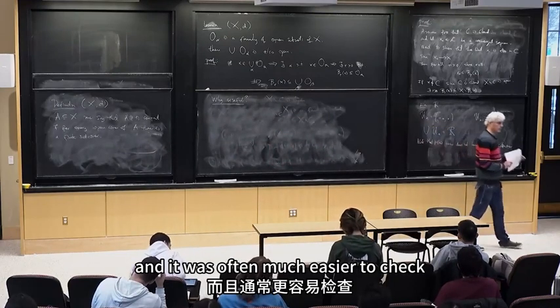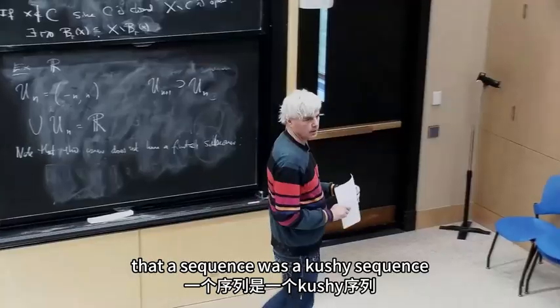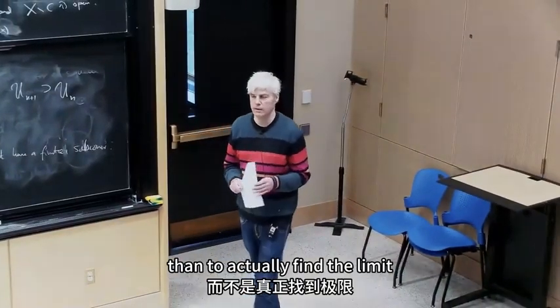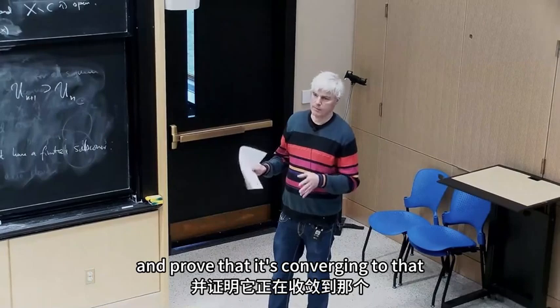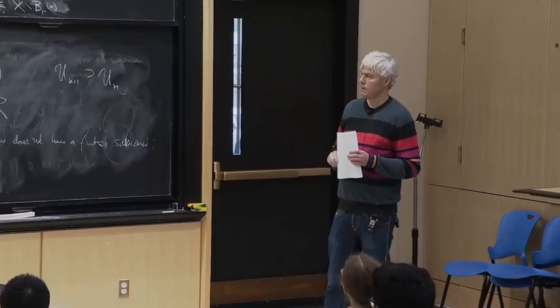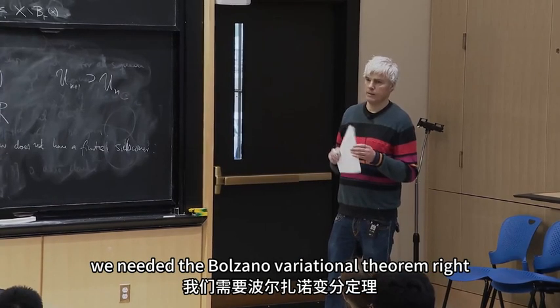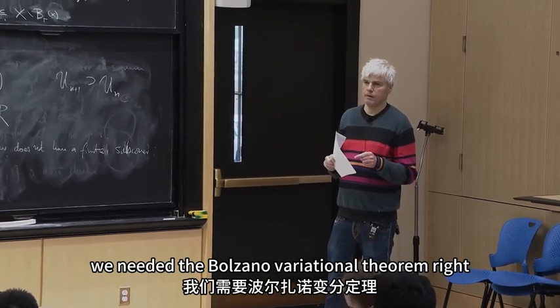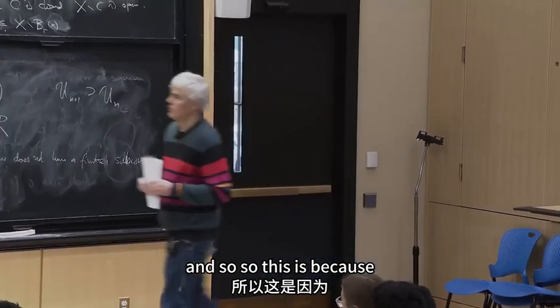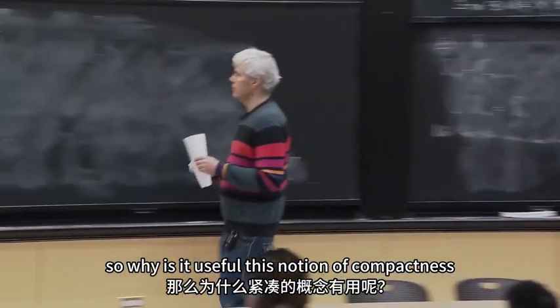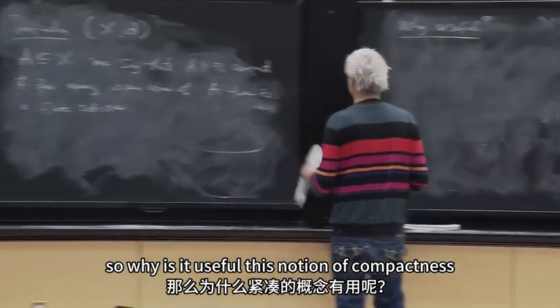And it was often much easier to check that a sequence was a Cauchy sequence than to actually find the limit and prove that it's converging to that. But to prove the Cauchy convergence theorem, we needed the Bolzano-Weierstrass theorem, right? And so why is it useful, this notion of compactness?